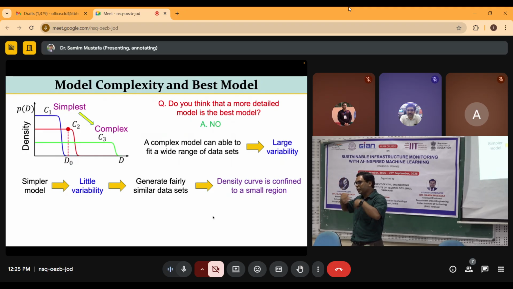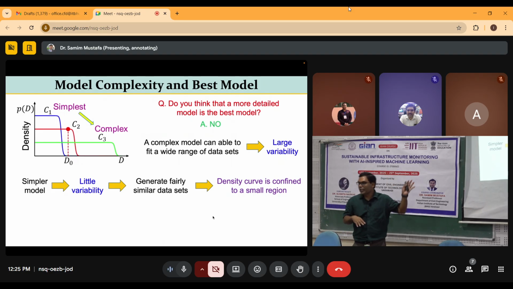Then you have to go for complex procedures like SSI, ERA, and then noise removal. You have to plot the stabilization diagram, screen out the unstable modes because of the noise, and keep only stable modes. So there are many things.